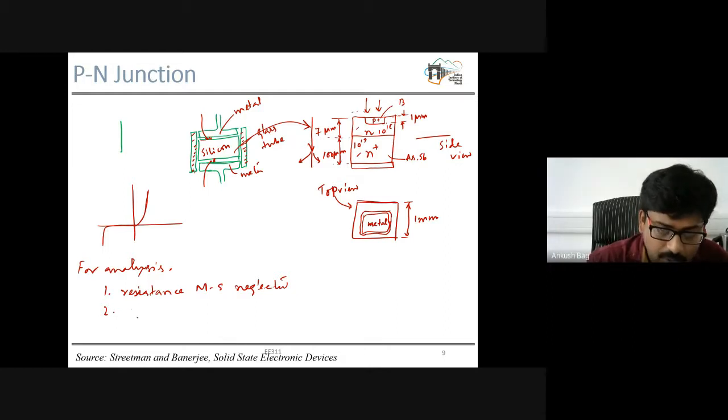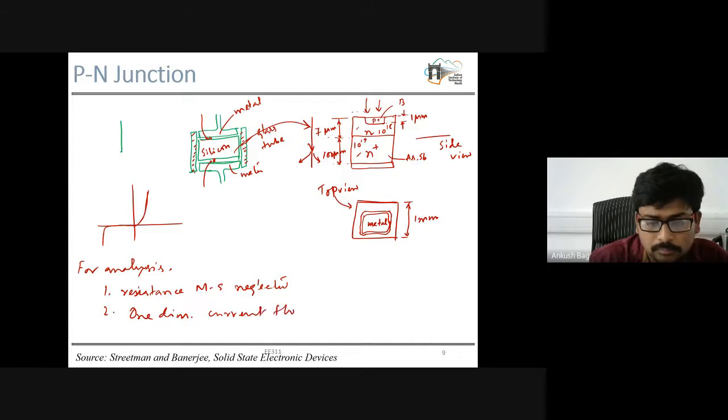This is called one-dimensional approximation, or one-dimensional current flow. Also, we'll ignore the resistive component coming from the metal side.